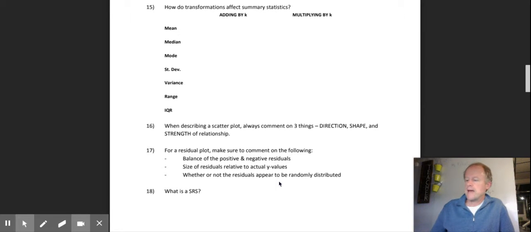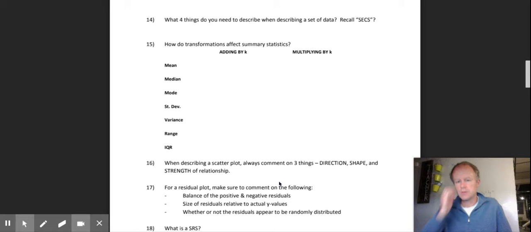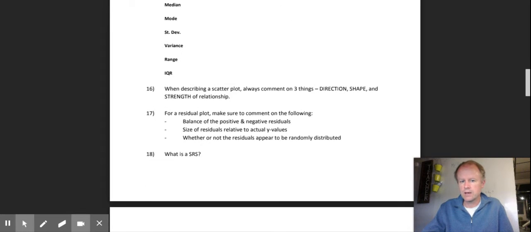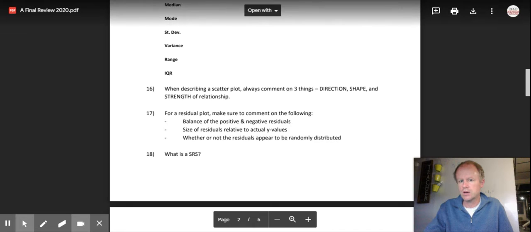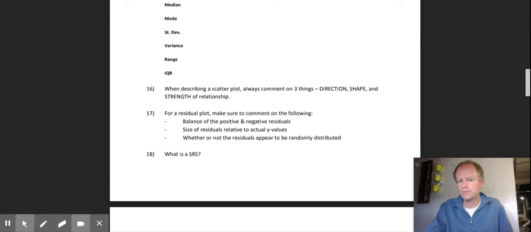What is an SRS? So we're going way back to the beginning of the year. SRS stands for simple random sample. And remember, whenever we do a simple random sample, we want to make sure we have 2 requirements met. Requirement number 1, that every member of the data set has an equally likely chance of being selected.